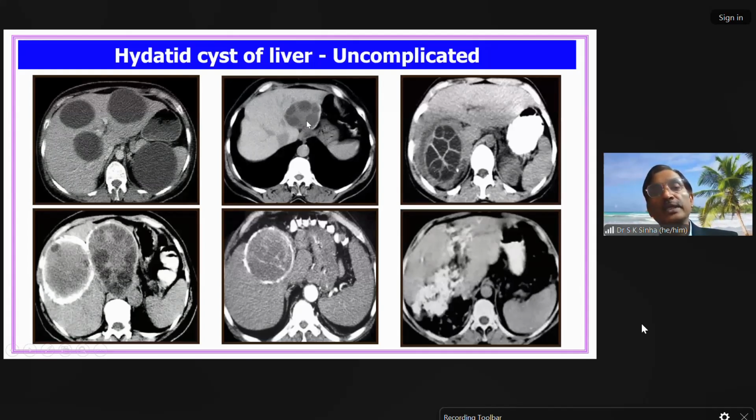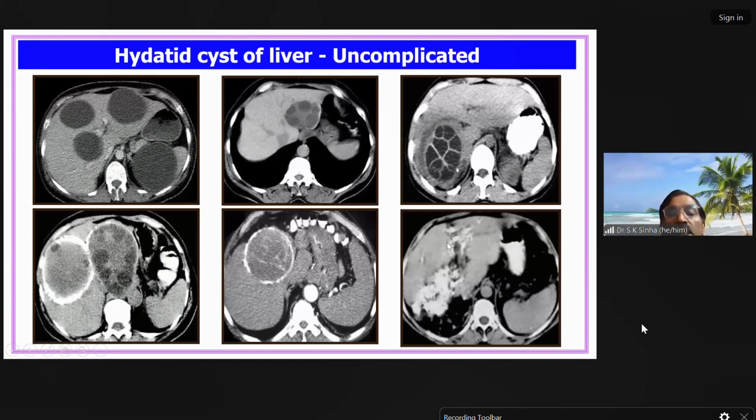So this is a type 2 cyst, and then again multiple membranes and multiple daughter cysts with an undulating wall membrane. So this is a type 3 cyst, and type 4 is calcification in the wall, and then the lesion also starts getting calcified. So that is type 5, and then type 6 is where the whole lesion is calcified.